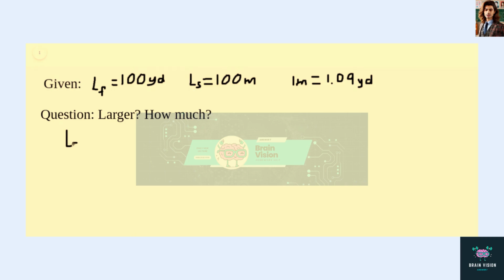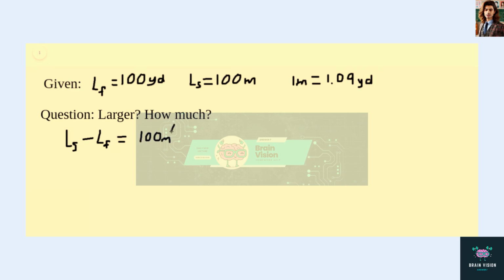So we have the soccer field length minus the football field length, right, is equal to, well, the soccer field is in meters, but we want it in yards if we're going to find our answer in yards.